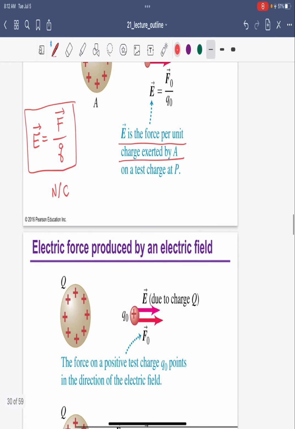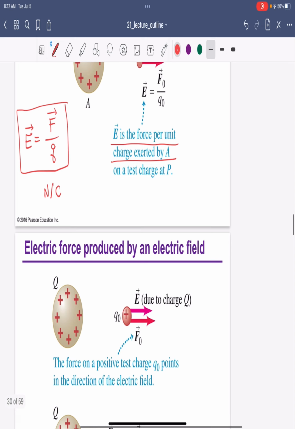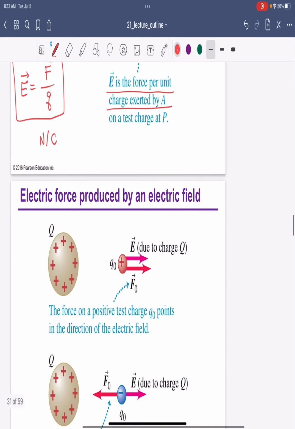And of course, I can also use Coulomb's law to find the magnitude of the electric field. Now, if you have a positive charge here, you're going to find that E is to the right, and if I put a positive charge at P, it is going to feel a force in the same direction.